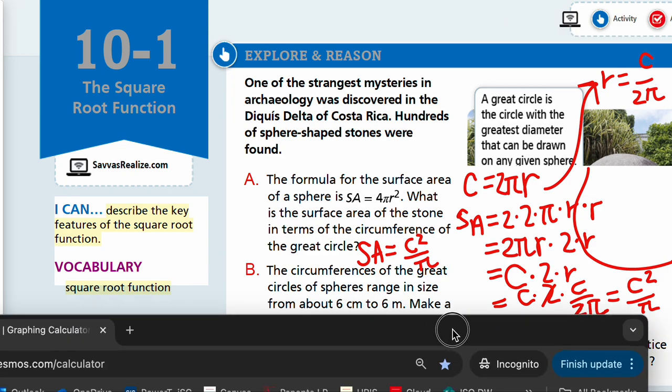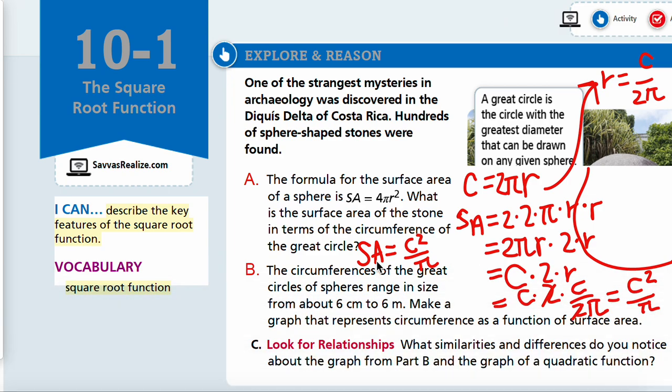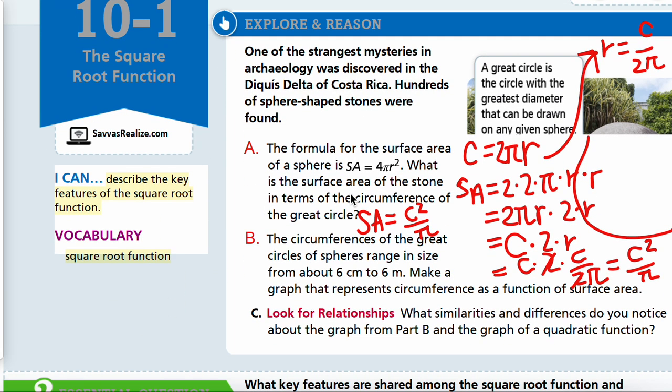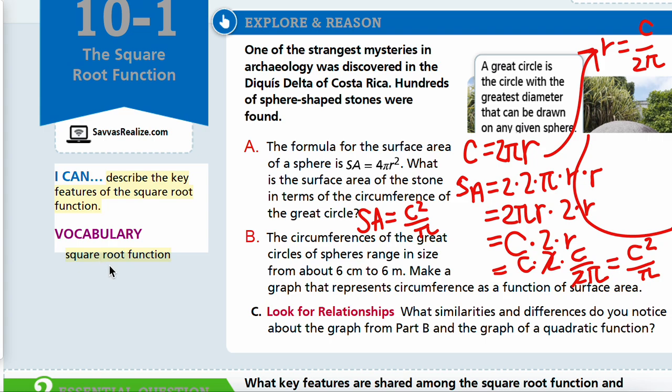y is c, or we could let that be equal to x, but then it's not going to be a square root function. So we're going to actually change this to a square function as a function of surface area. So we need to have a function of surface area actually.